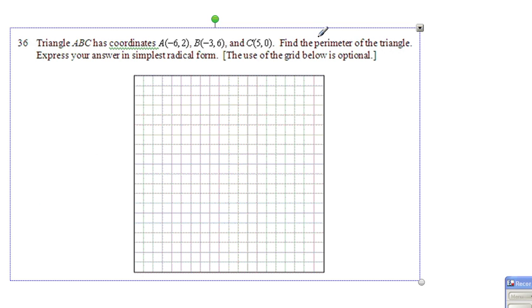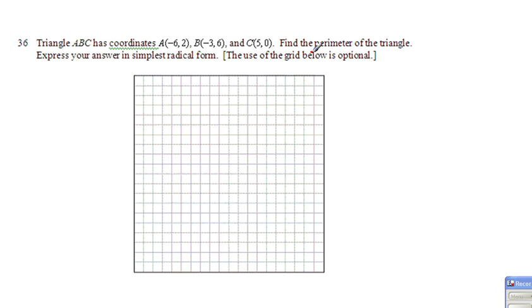Okay, so we have 3 points here. Perimeter of the triangle simply means the sum of 3 sides. So, AB basically means between these two.